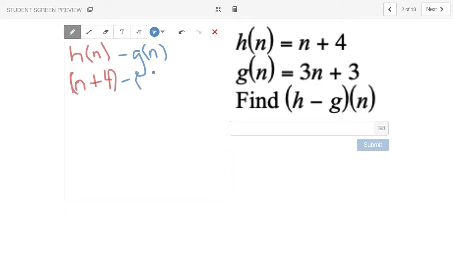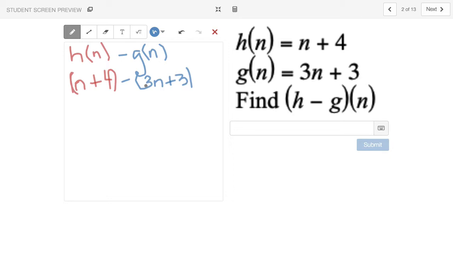So g of n is 3n plus 3. Okay, so all we've done is taken that first function, which is n plus 4, and wrote it out, subtracting the second function, g of n, 3n plus 3.